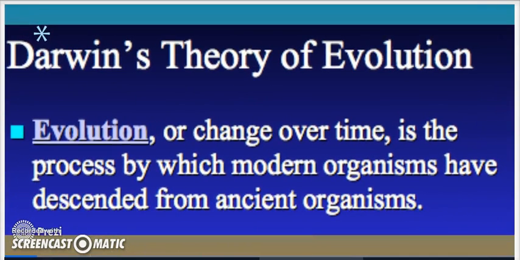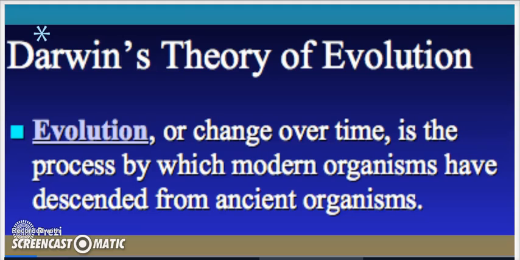Basically, what he came up with was the theory of evolution. What he believed was that evolution, otherwise known as change over time, is the process by which modern organisms have descended from ancient organisms.